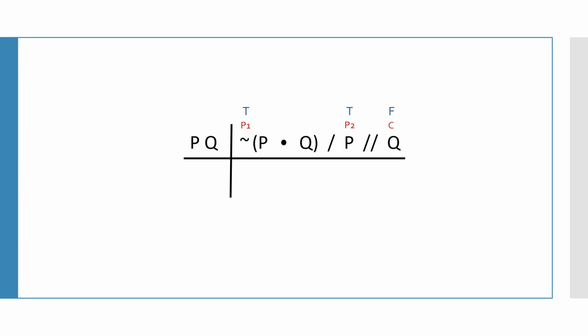What I've done here is simply place the true and the false above what I'm trying to accomplish. So I want to see if I can make the conclusion false with the result that all of the premises will be true. And so my main operator, of course, is what I'm looking at. And so I placed a T above both of the premises' main operators and an F above the conclusion.